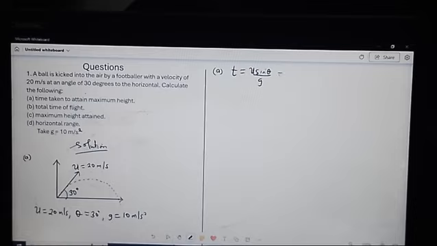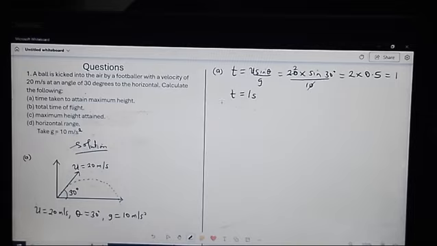U is 20 meters per second times sine 30 degrees all over 10. Sine 30 is 0.5. So 2 times 0.5 gives us 1 second. So the time taken to attain maximum height is just 1 second.